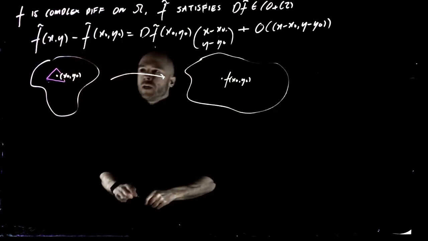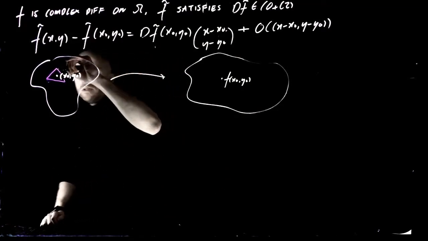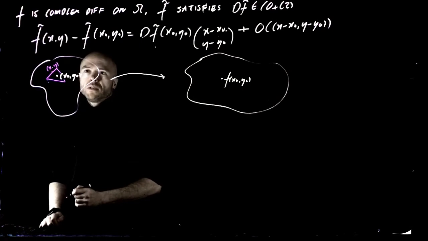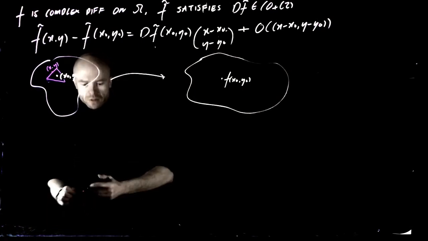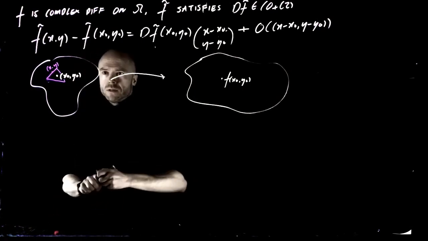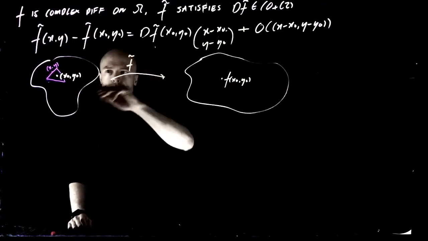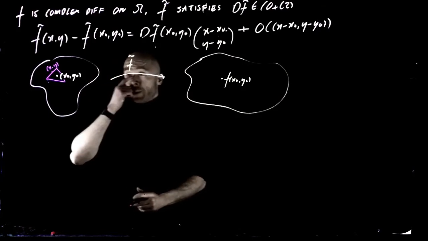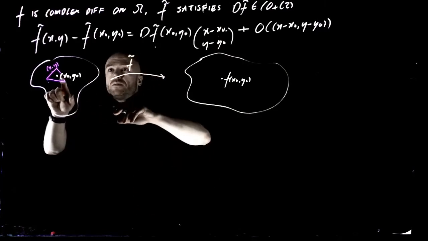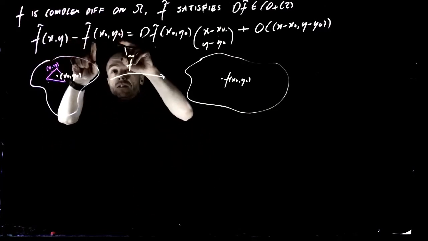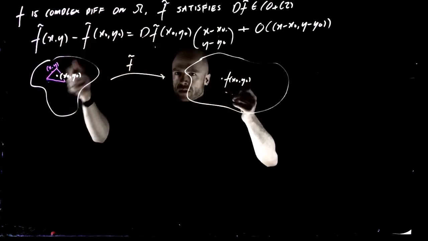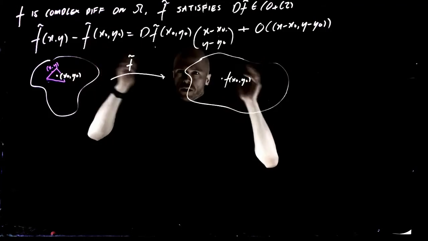If we take our points x, y around the outside of this triangle, and then we see what happens under the action of f tilde, right? F tilde is mapping things across like this. The image of x0, y0 we think of as fixed, because we're moving the x and y around, and this is just the point we've chosen.